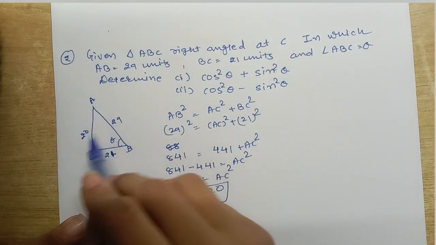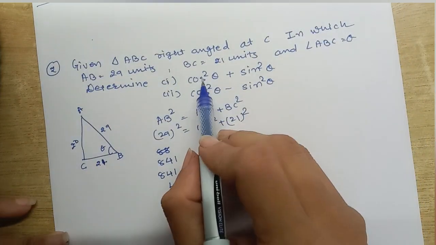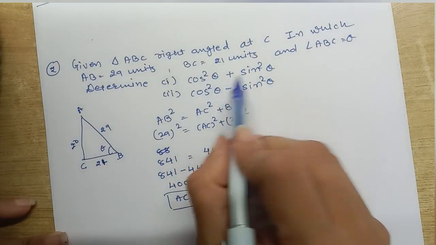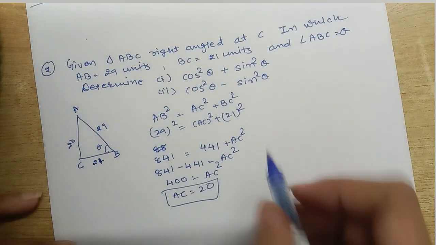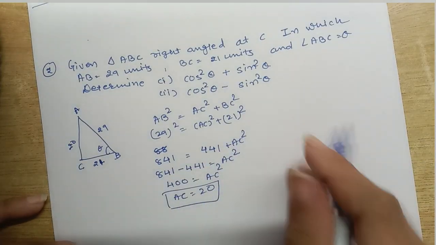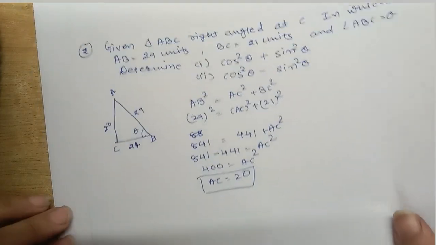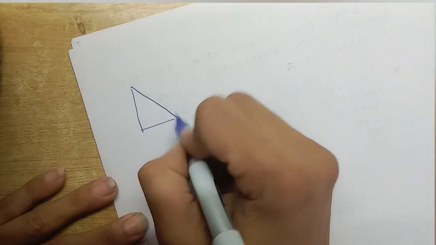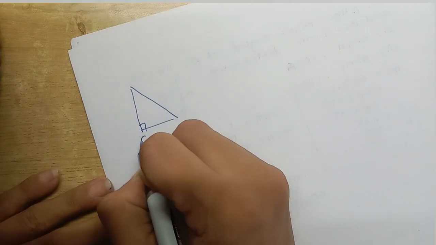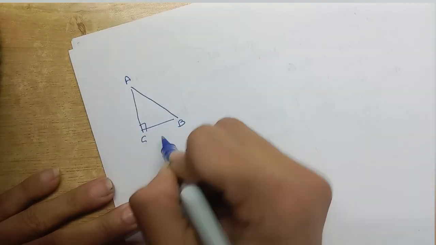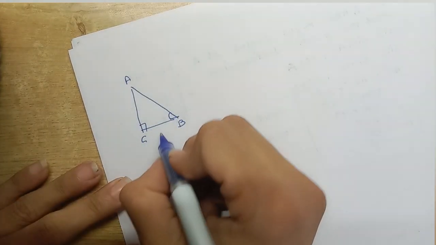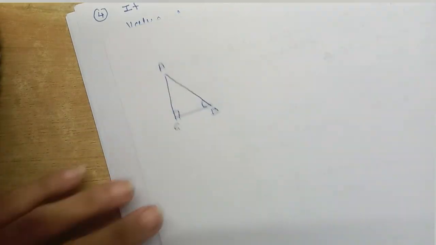We have all 3 sides. Now what do we have to find? Cos square theta plus sin square theta. For that, B is theta. I hope you have understood this much, and let's go to the next one. For convenience, I am drawing the triangle again. B is theta. This is 20, 29 and 21.